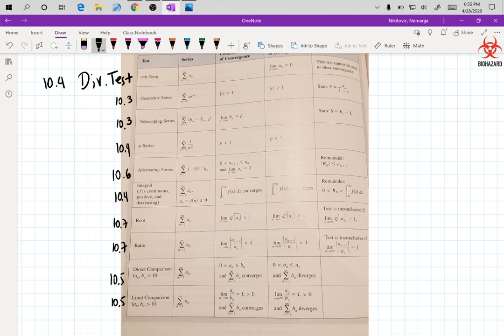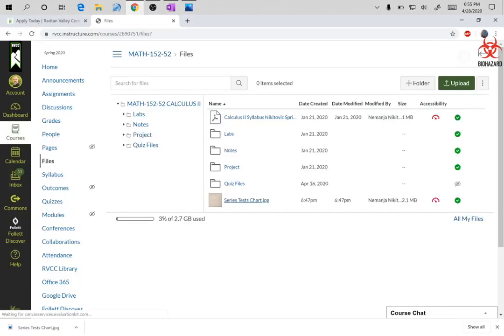One second, I'll be right there. All right, so now on Canvas I should have two more files. So let's go get those.